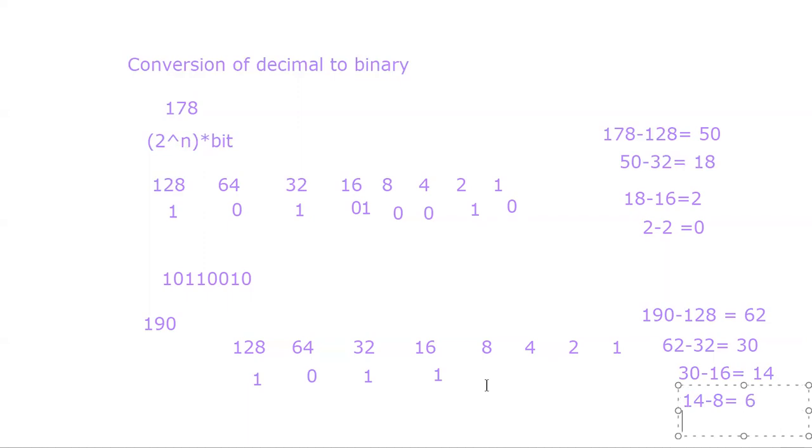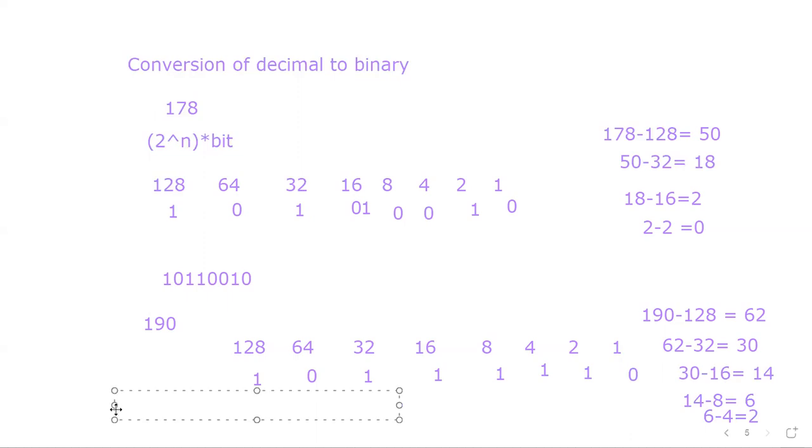Okay. 6 comes between 8 and 4. Then 6 subtract 4 is equal to 2. I put 1 on 4, then 2 subtract 2. So 1 on 2 and 0 on 1.